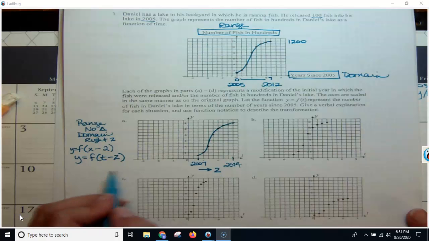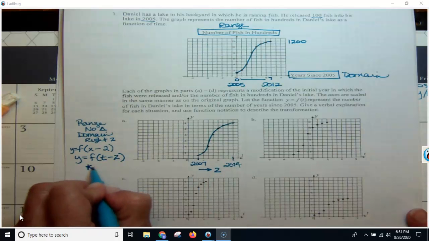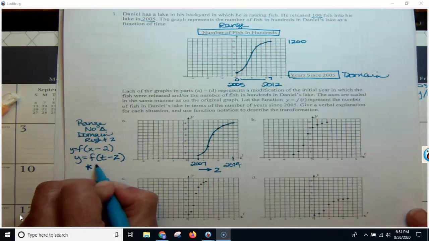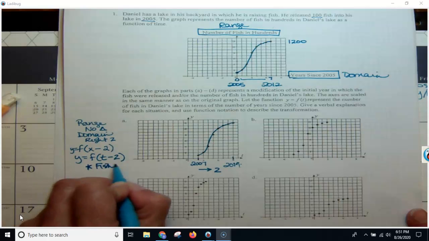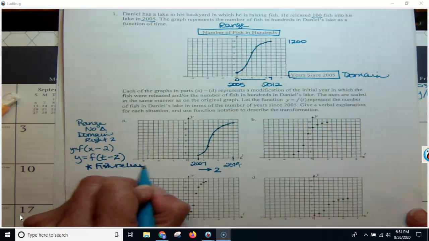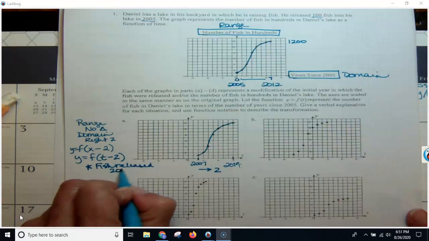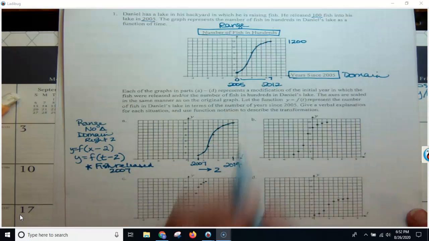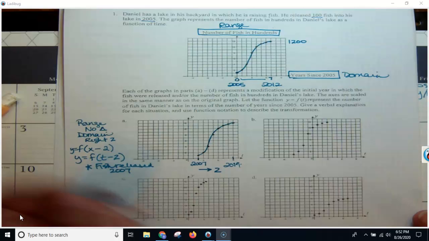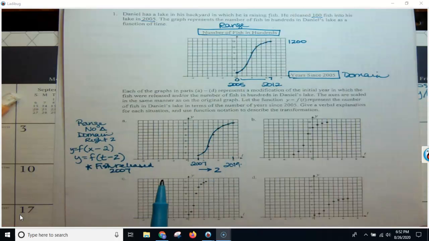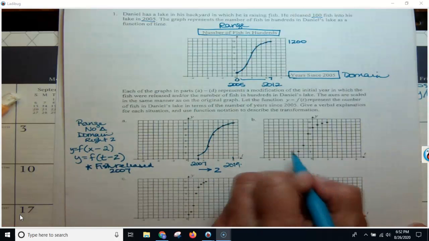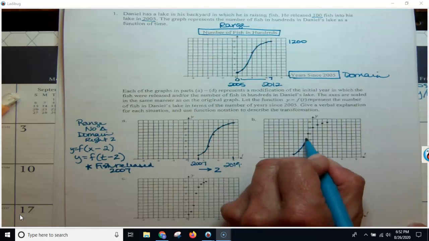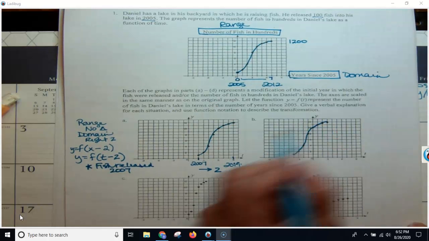What this is saying is that the fish were released in 2007, and by 2014 they grew to 1,200. So the growth stayed the same, it's just 2 years later. What about this one? This looks exactly the same.